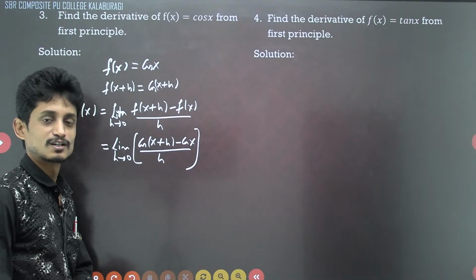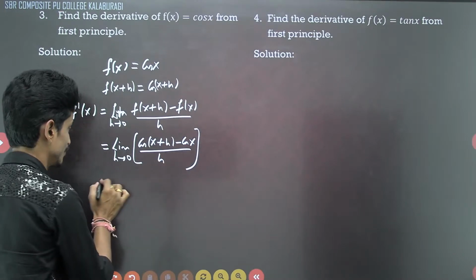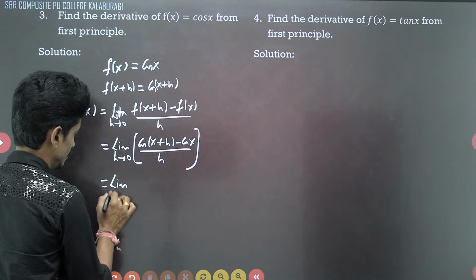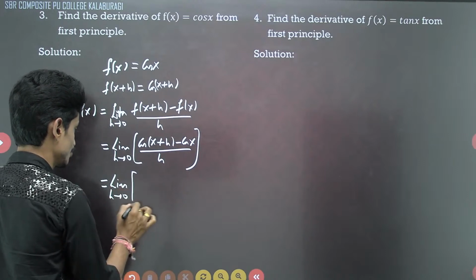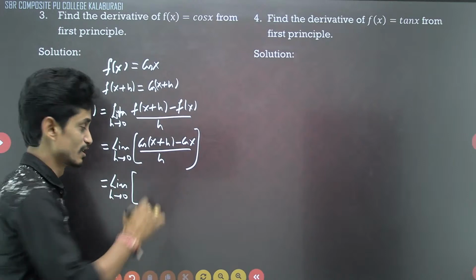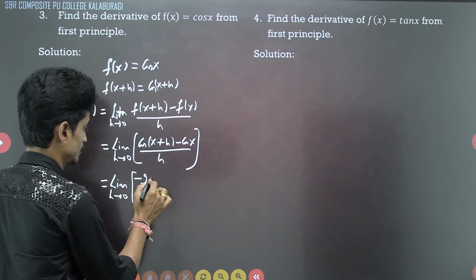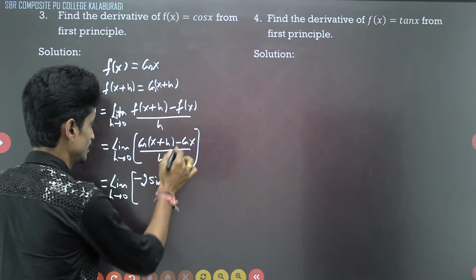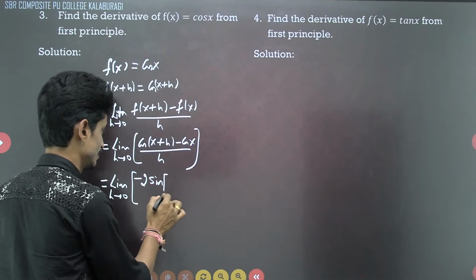What is our formula? Cos c minus cos d form. How should our limit exist? Limit as h tending to 0. What is cos c minus cos d? Minus 2 times sine of (c plus d) by 2. What is c plus d by 2?